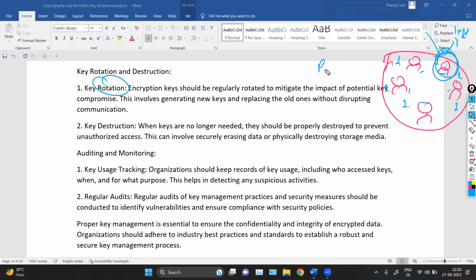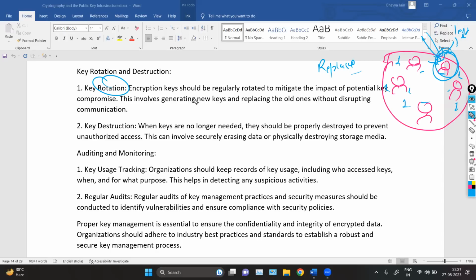We can replace the keys, or we can rotate the keys, or we can change the keys. So if this user left the group and you do not change the key, then this user, who is not part of the group now, can easily access your data with the help of that key. That is why we need to rotate or replace the key when any user leaves, or in a particular period of time, like when a new user is added or when a user leaves.